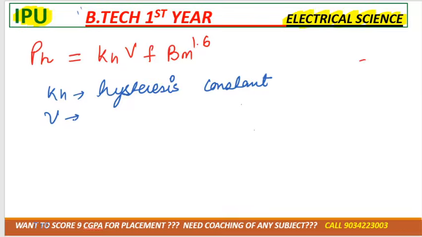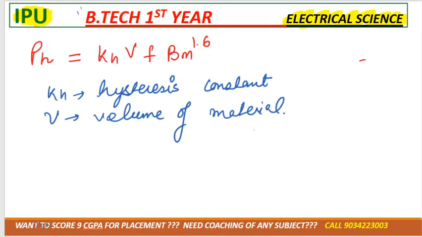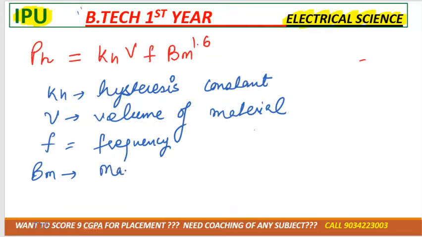Okay, what is V? V is the volume of material. What is f over here? f is the frequency and Bm is the maximum flux density.